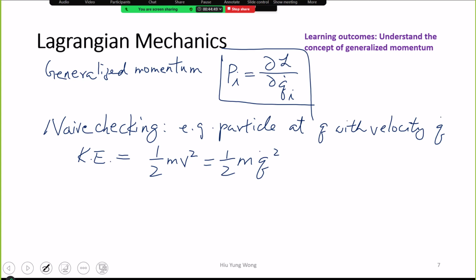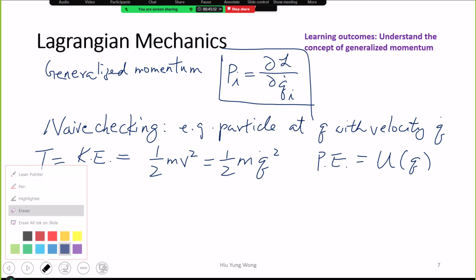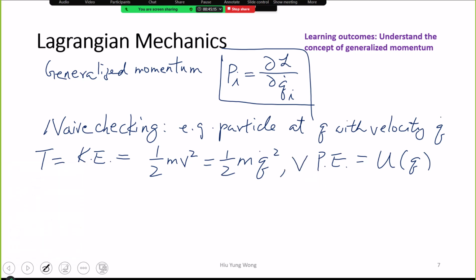What is the potential energy? Of course, you don't know because I did not give it to you. So we just say it's a function of q. It can be a complicated function, but it's a function of q. I recall we also call the kinetic energy T since the last slide, and we call the potential energy V. So what is the Lagrangian of this system?